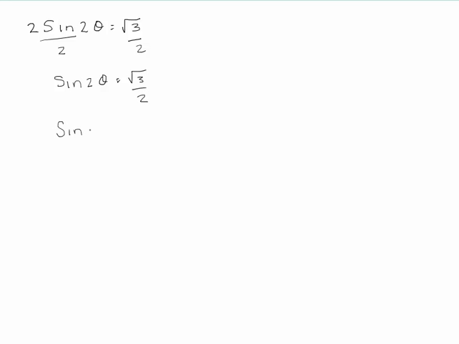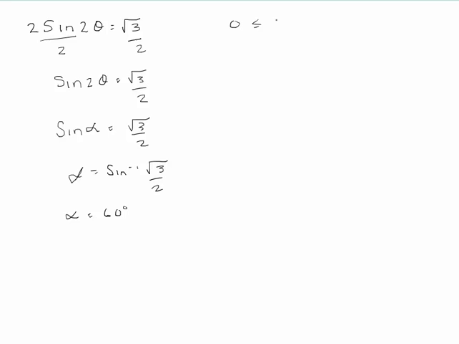For simplicity, so I don't have to isolate for just theta yet, I'm going to call this alpha, and I'll worry about that 2 at the very end. So alpha equals sine inverse. Because of my special triangles, I know that alpha is equal to 60 degrees.